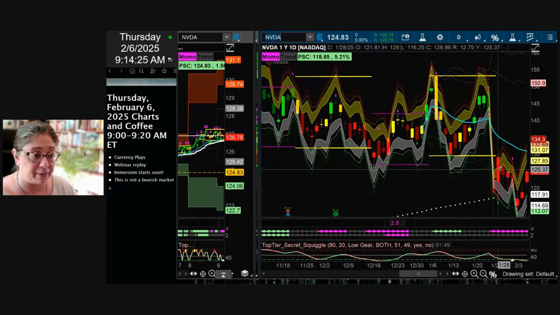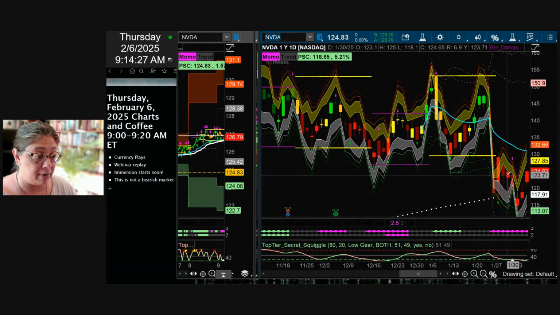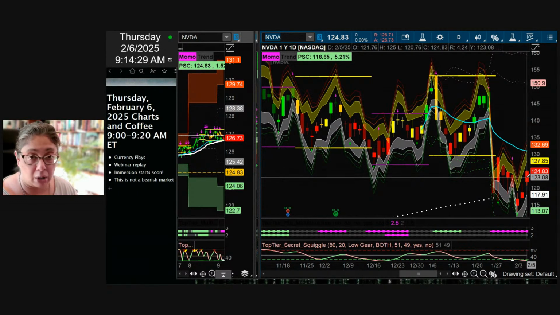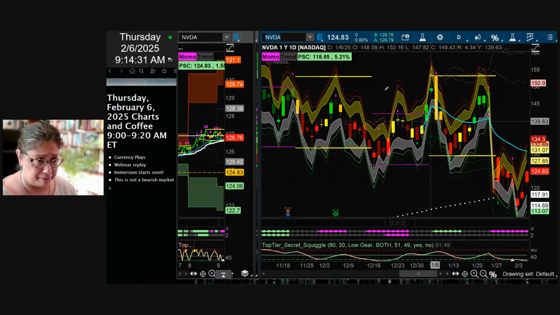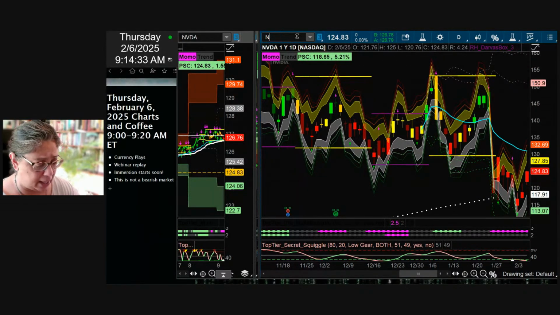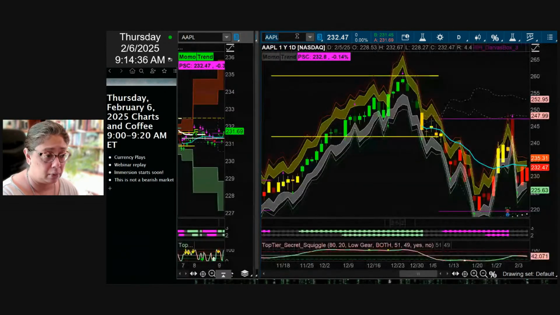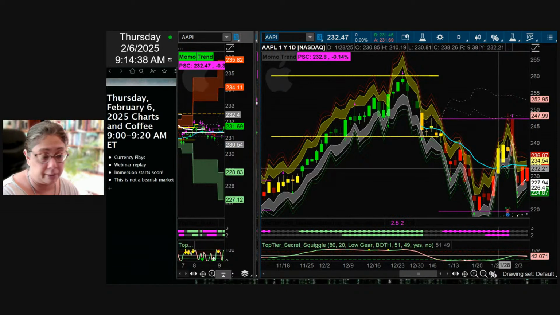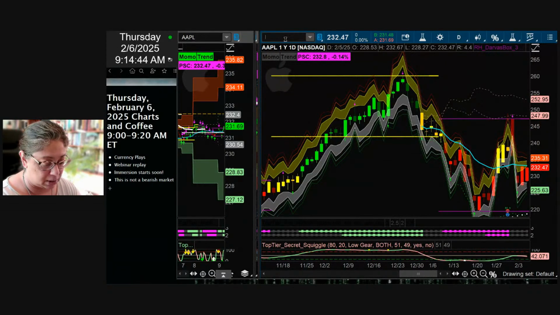A lot of folks probably thought that on the 28th, maybe even on the 30th, and I'm sure all sorts of folks thought that on the 5th. And this reminds me of questions I was getting once upon a time around Apple. Like, Rog, we're up and away. No, we're not. Look at the color of the candles. Look at the structure, right? So it's starting to make hopefully a little bit more sense.